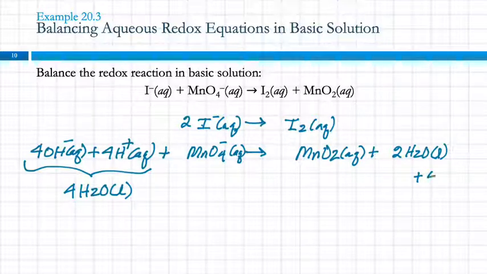So over here I have to add 4 hydroxide ions. So I added the 4 hydroxides to neutralize the hydrogen ions. I'm going to rewrite this as water.